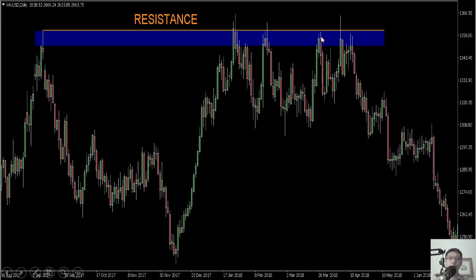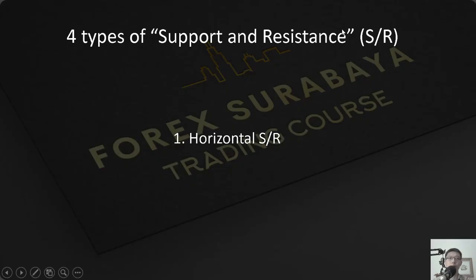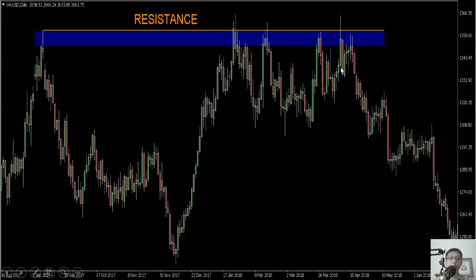Once again, price cannot break higher, and tries again, breaks the high, and then closes to the low of the resistance area, and then price starts to go down. So in this example, we can see there are three types of manipulation: here, here, and here.